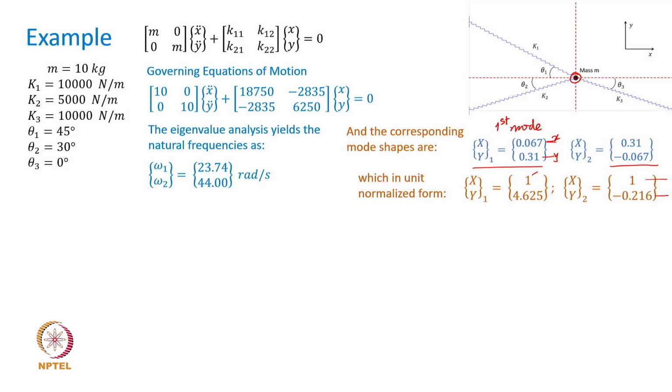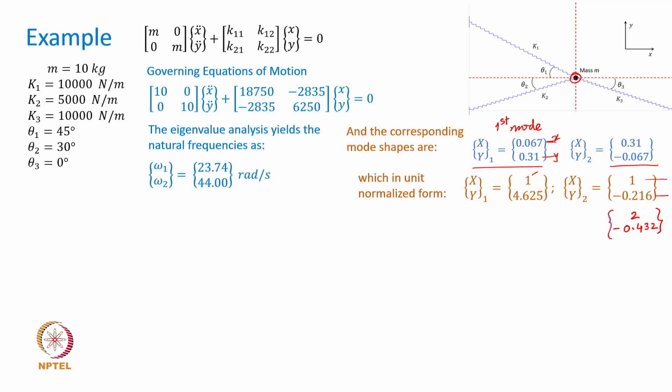It does actually mean that if 1 and minus 0.216 is the mode shape or displacement pattern, 2 and minus 0.432 is also the corresponding mode shape.